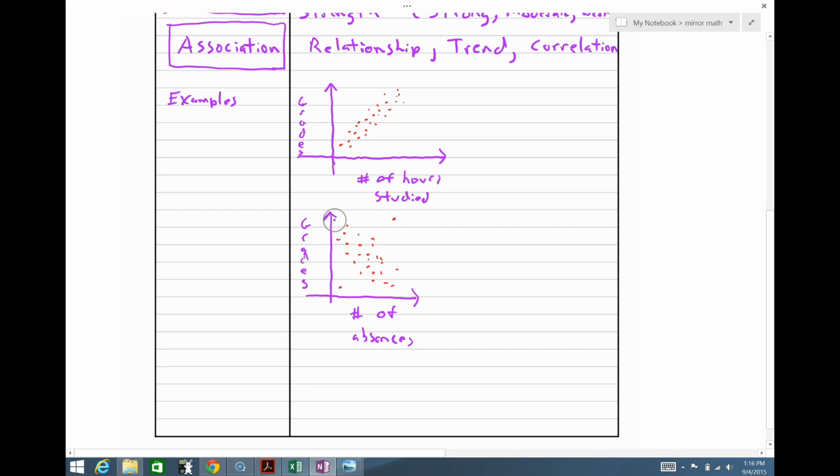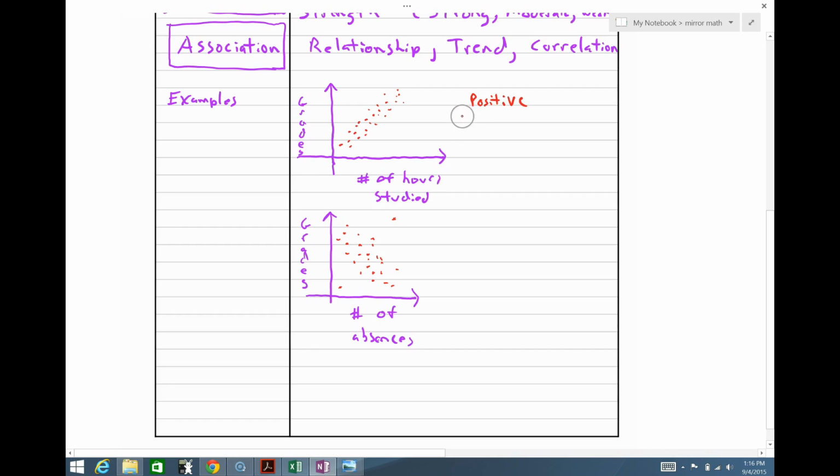And how would we describe this? Well, potentially this would be a moderate relationship because we are a little more spread out about some trend line that we would draw through here. All right. So we said this first relationship was positive. And by positive we mean that they're both going up or going down.